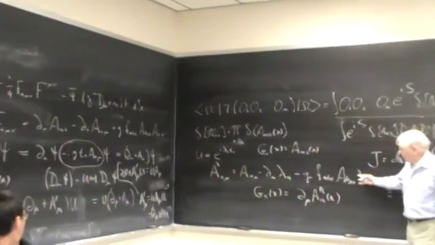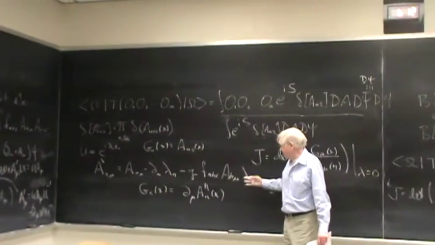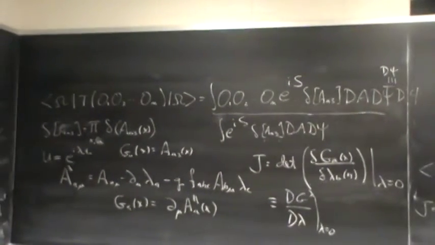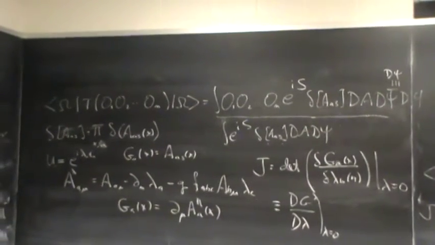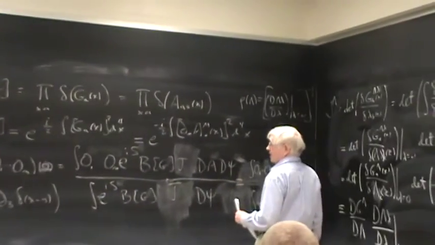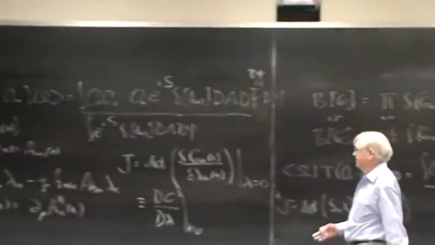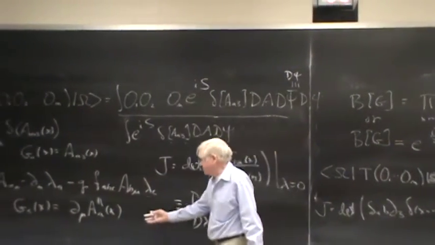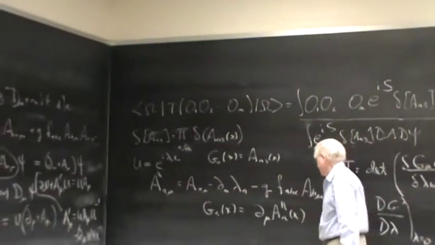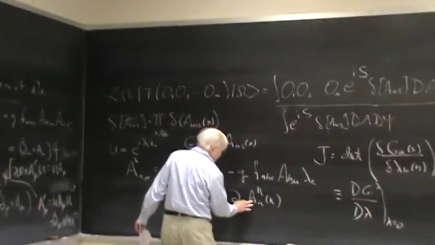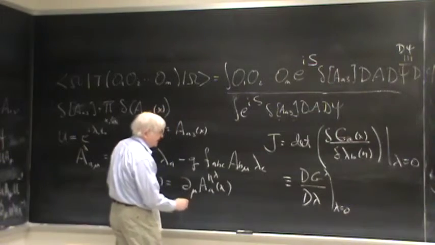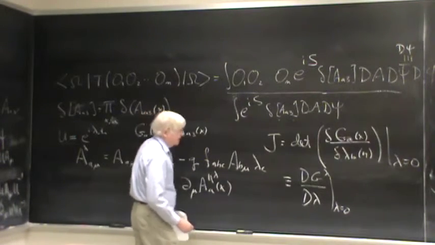So this is the gauge transformation of infinitesimal lambda. And now we have to compute the Jacobian, which is, well, it's right over here. It's the derivative of the gauge fixing term. The gauge fixing term is this. So it's the derivative of d mu a mu lambda with respect to lambda.